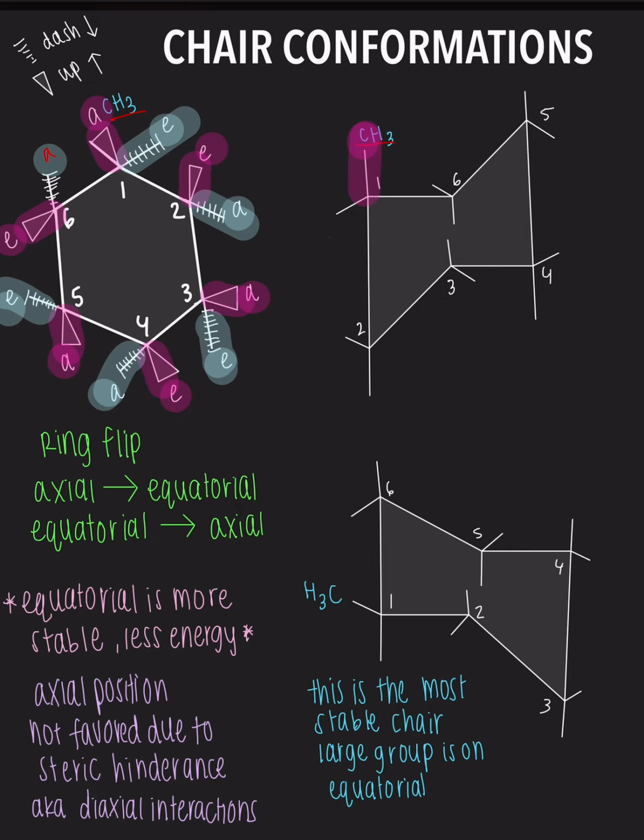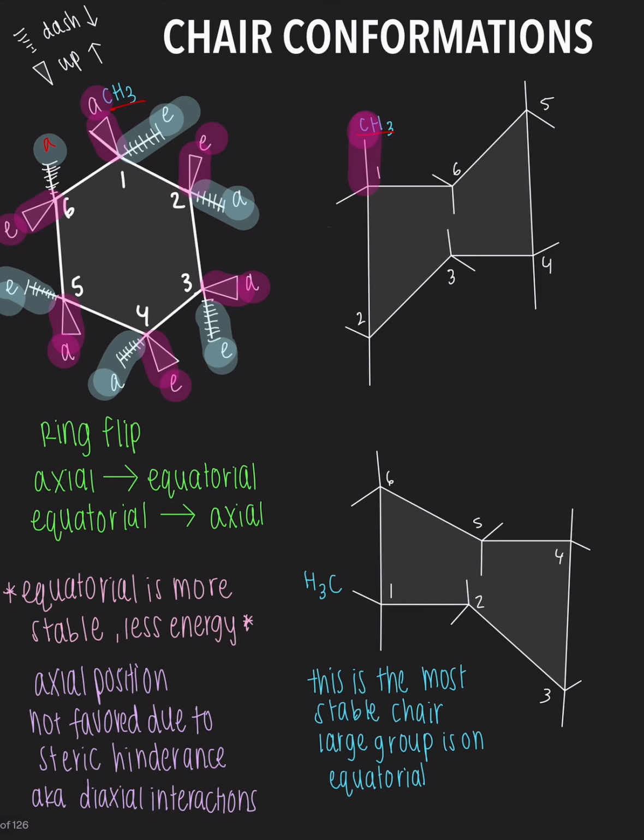So if you think about it, when I was talking about Newman projections and I was telling you guys about stability, and we talked about, for example, the anti-conformation, we talked about gauche, we talked about staggered, and I told you guys that anti-conformation was the best because if you have eclipsed, that's going to be too much energy.